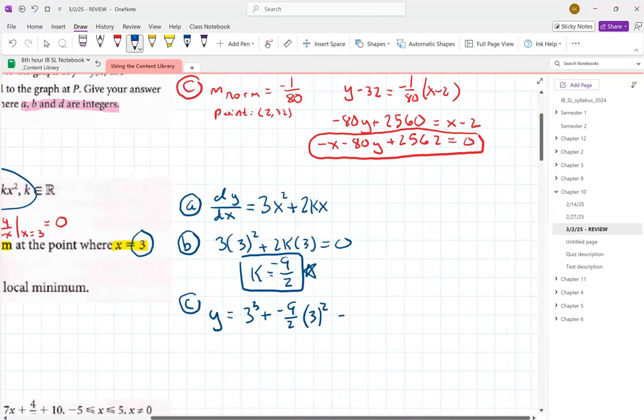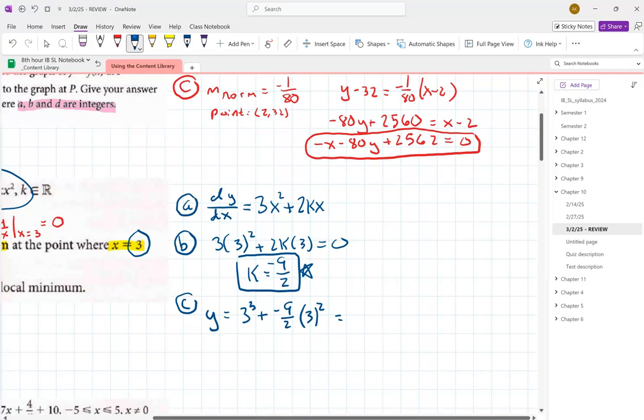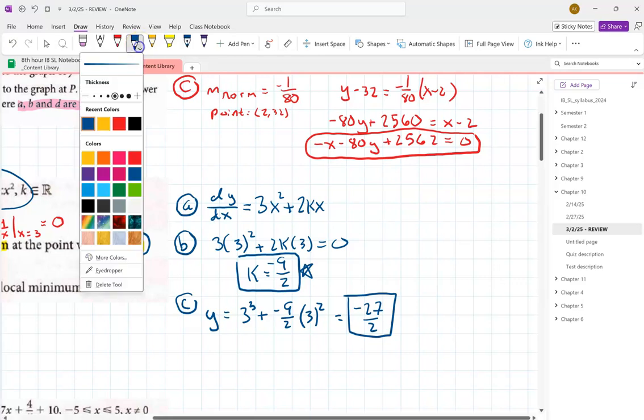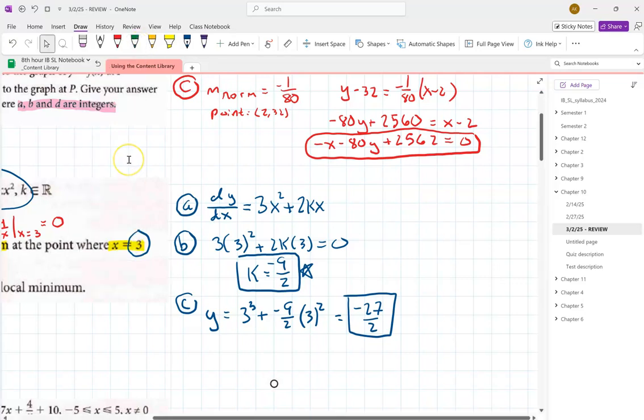So that's 27 minus 81/2. So that's 54/2 minus 81/2, negative 27/2, I think, if I did the arithmetic appropriately. If you have your calculator, you could double check me.